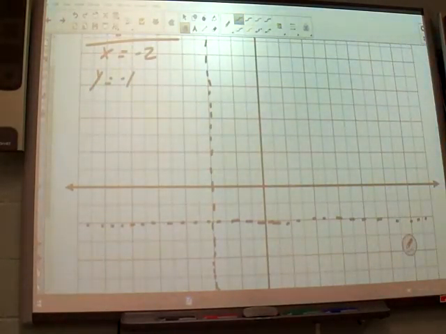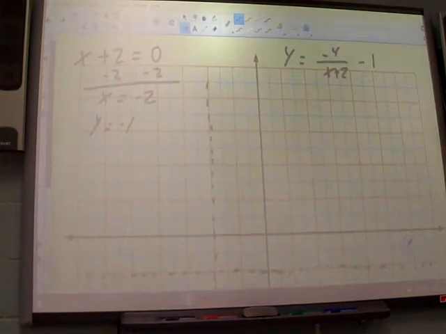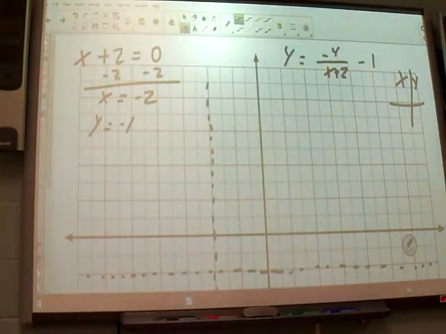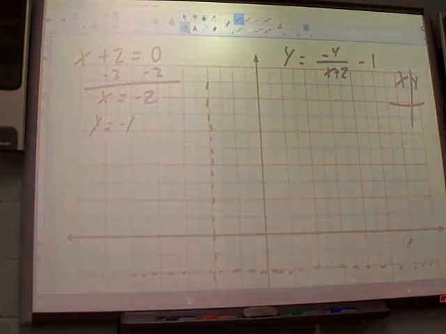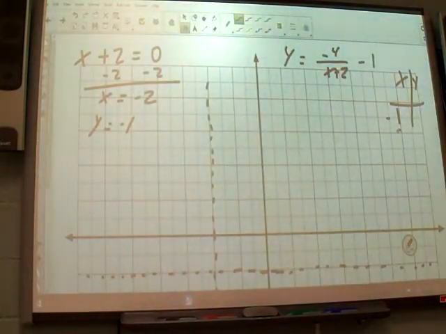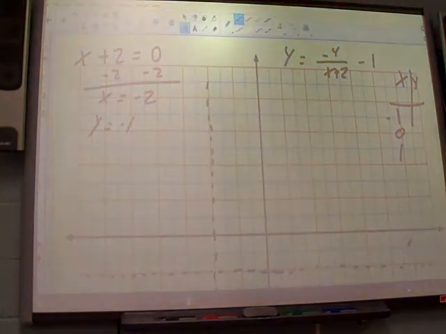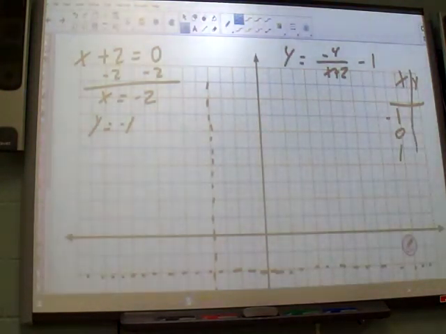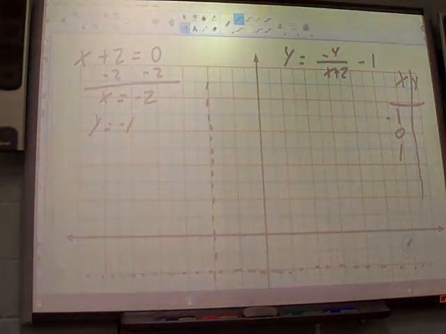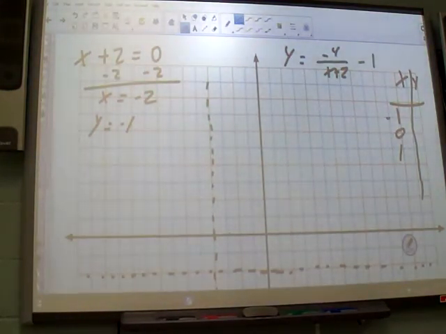Okay, so let me scroll it up so I can see my equation to work with. So on the right side of this line's at -2. So to the right of that, I could do a -1, a 0, and a 1. It's just my preference. You can pick anything you want. Always pick the smallest whole numbers closest to it. Does that make sense?